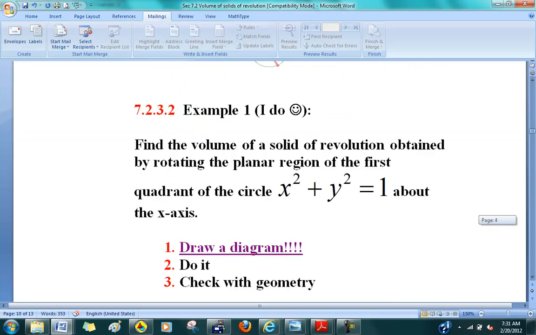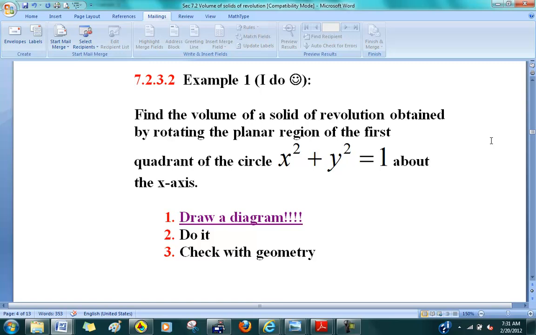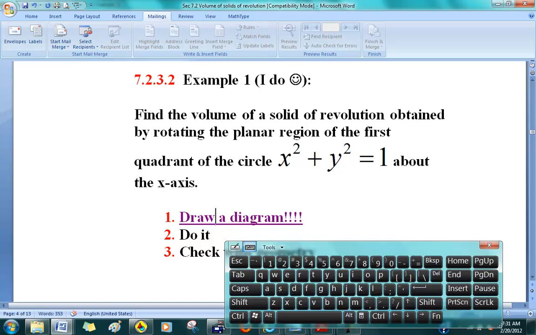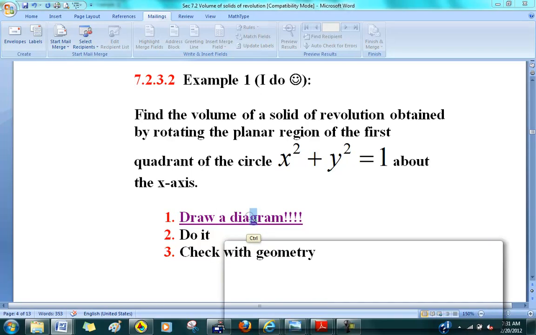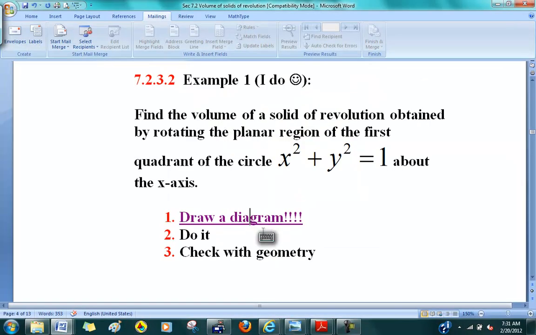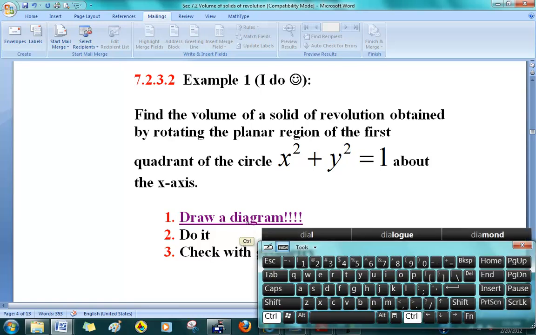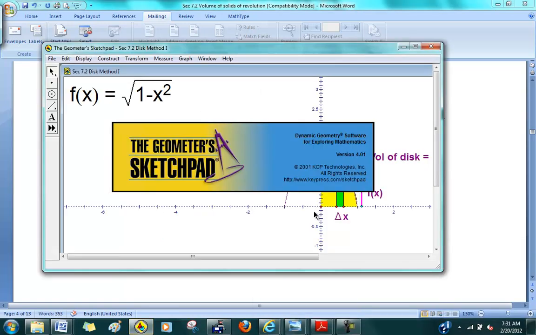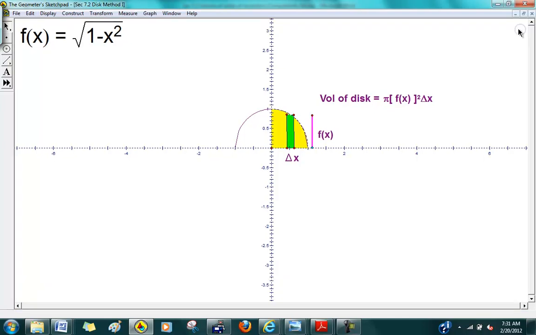So here was an example that I did for 7.2a, rotating a region about the x-axis. And here's a picture that we dealt with in 7.2a.